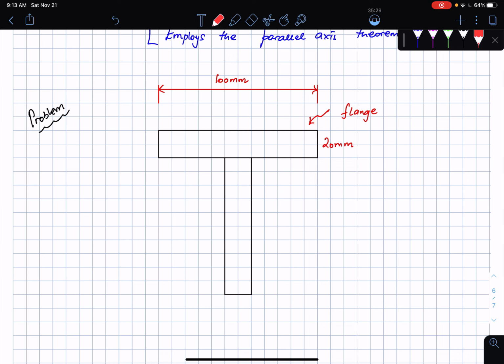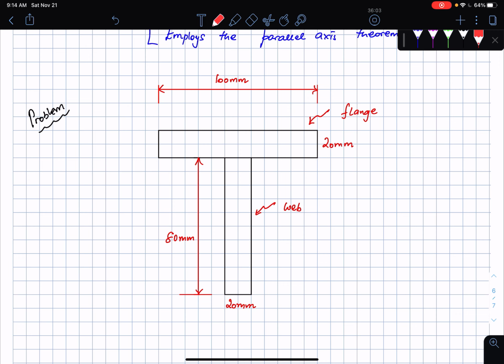This is the top flange, and the straight region here is typically called a girder region, or also a web. If I have a bottom piece, then it's definitely called a web. The total height here is 80 millimeters. Of course, it's a vertical height given, not an angled height. 80 millimeters, and the thickness is also 20 millimeters here.